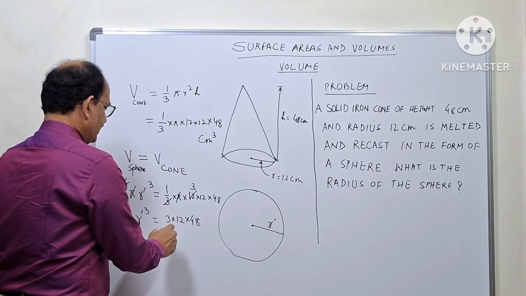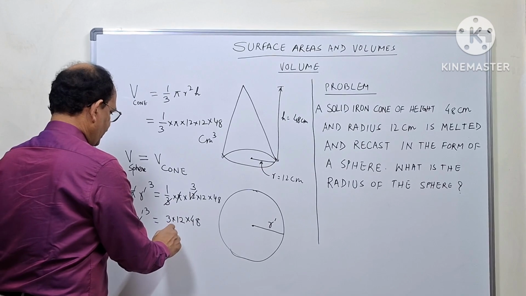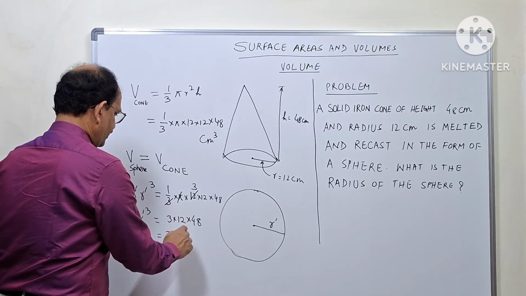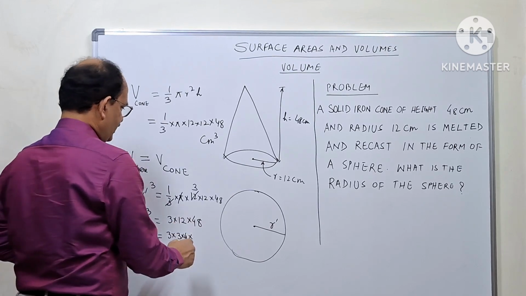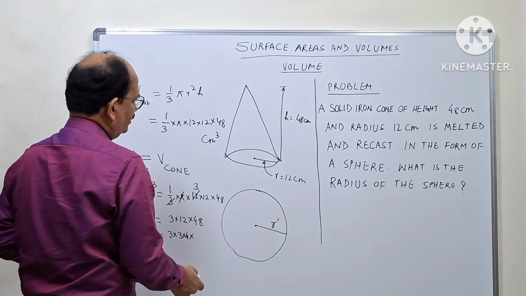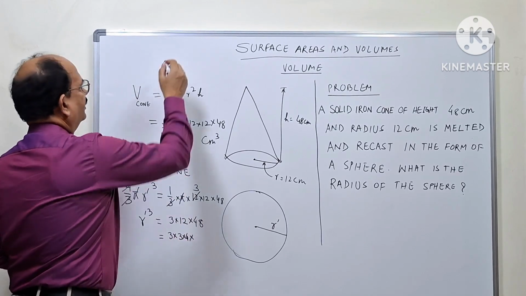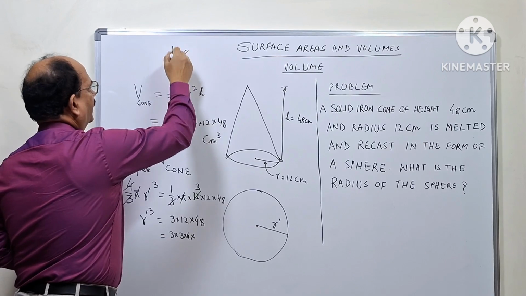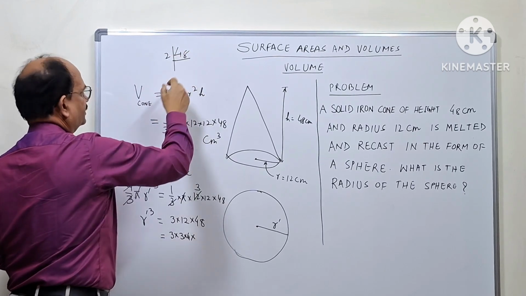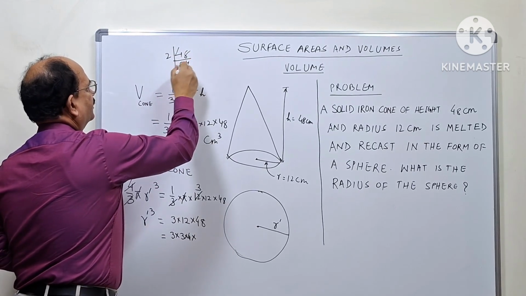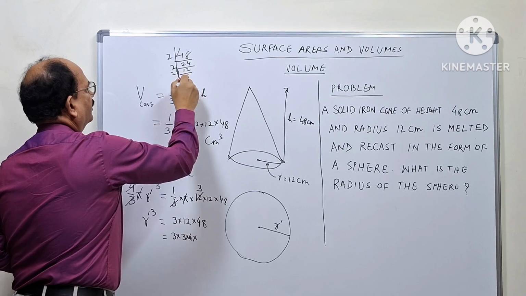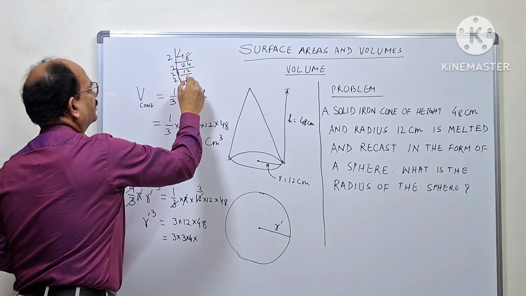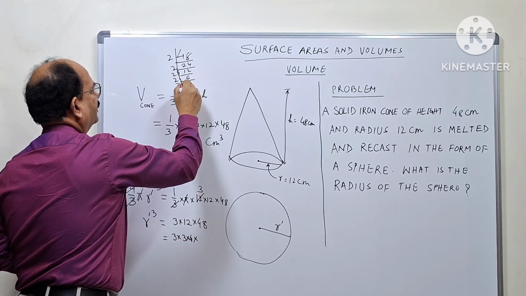Let's split it. So it is 3 into 3 into 4, into 48, and that 48 also we can split in terms of prime factors, which is 24, 12, 6, 2, and 3.